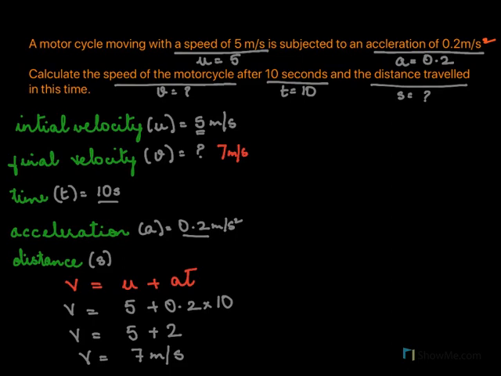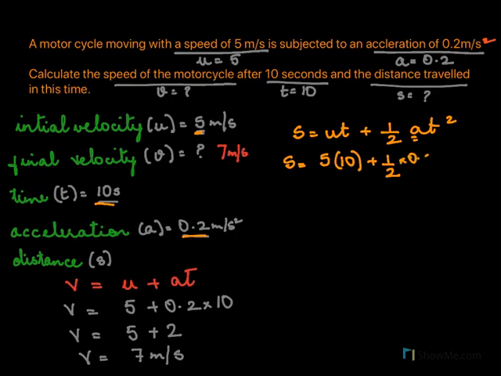Now we need to also find out our distance. For that we use the formula s equal to ut plus half at square. The u is 5, the time is 10, plus half, the acceleration is 0.2, and the time again is 10, so this is 10 square.